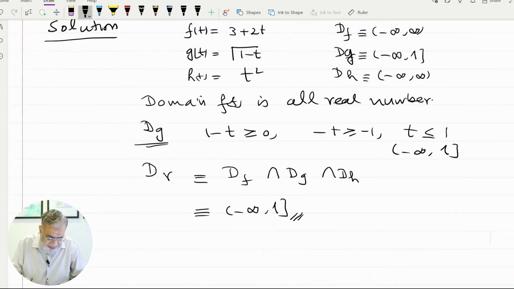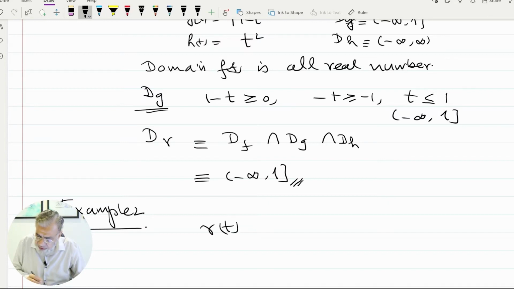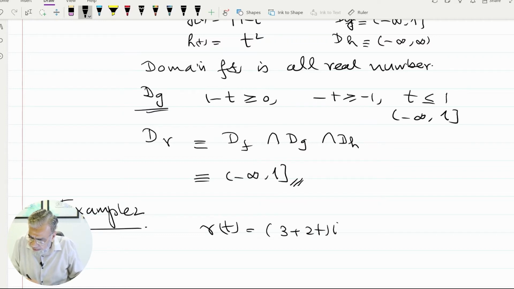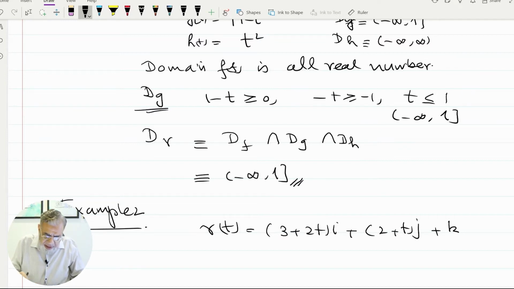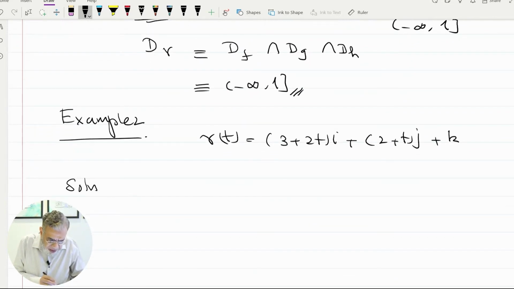I take another example. Next example, we are given the function r of t, and our r of t is given to us in the form of values. Here r of t is defined as (3 plus 2t)i plus (2 plus t)j plus k. Now, as before, I define my parametric equations.